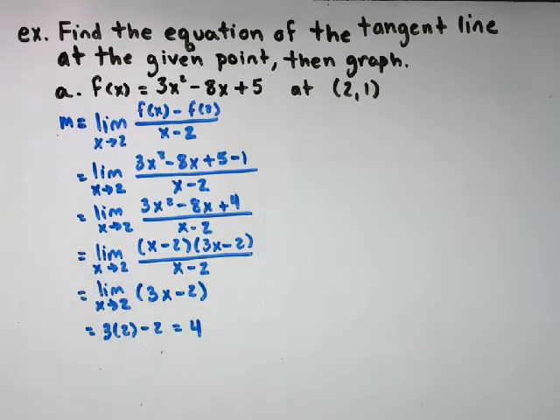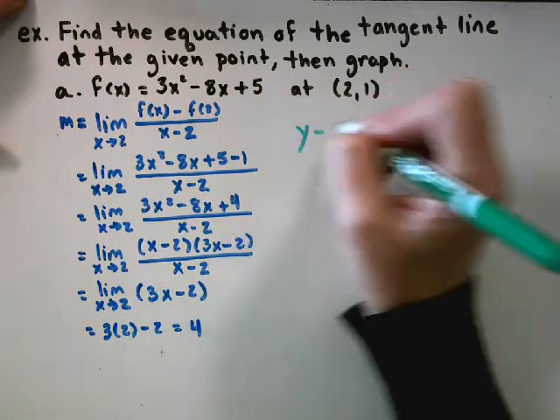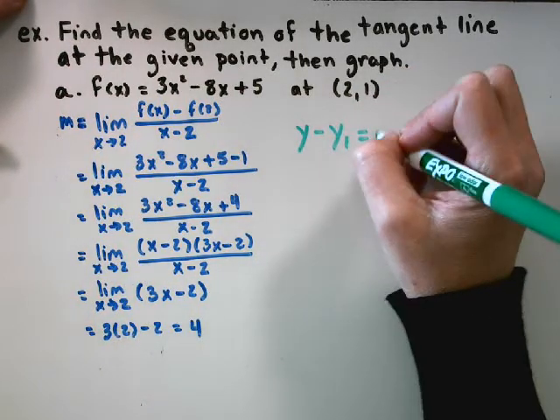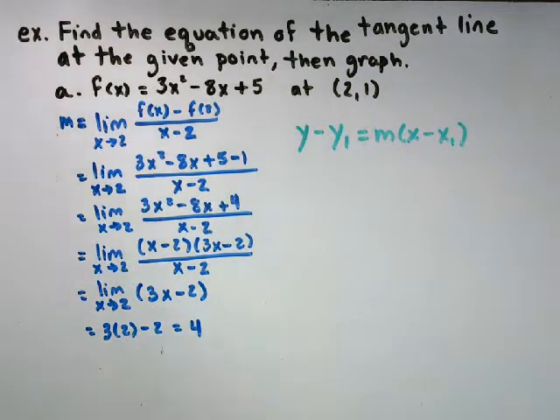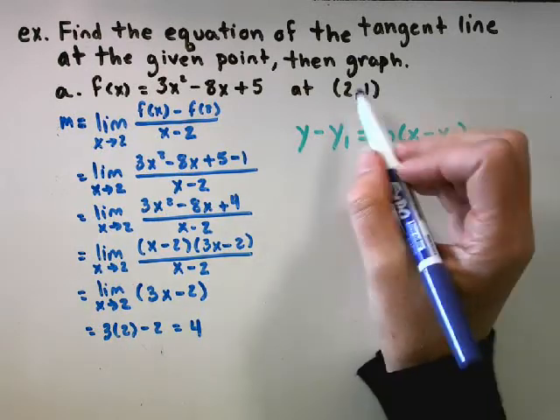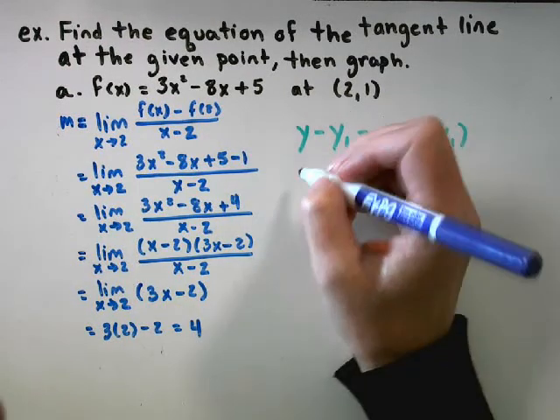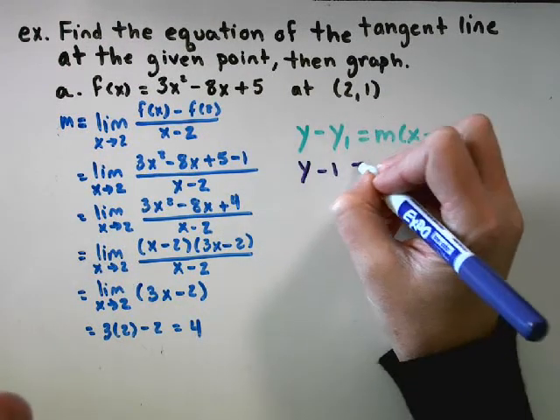I now have the slope, so I'm going to use the point slope equation, which is y minus y1 equals m(x minus x1), to find the equation of the line. So my point is (2, 1), my slope is 4. So y minus 1 equals 4(x minus 2).